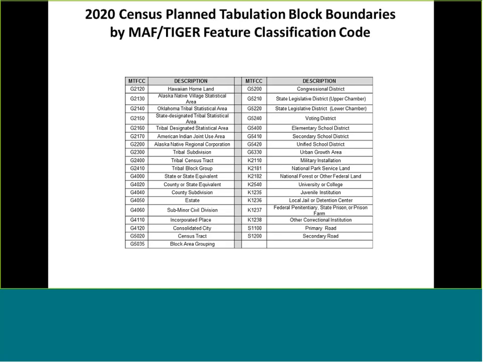However, if the boundary of the town changes before we determine the final 2020 tabulation block boundaries, then the local neighborhood road will be reevaluated to determine if it should still be held as a block boundary. So if you feel that the road should be held as a block boundary, even if it's not a place or town boundary, you may want to flag it with a must-hold flag.